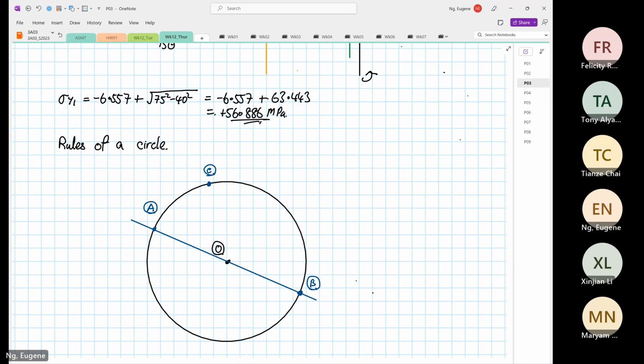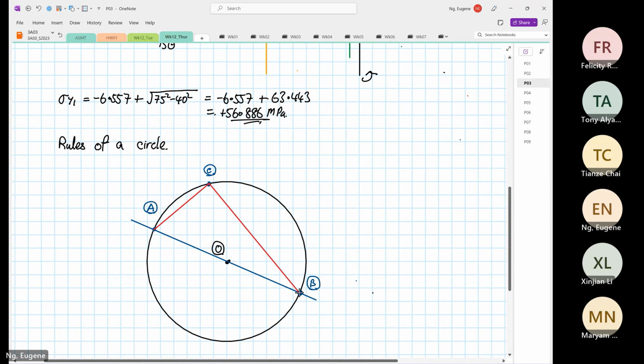Then I'm going to join a line from point A to point C, and then from point C to point B. Not an arrow. And you will realize that this is always 90 degrees.